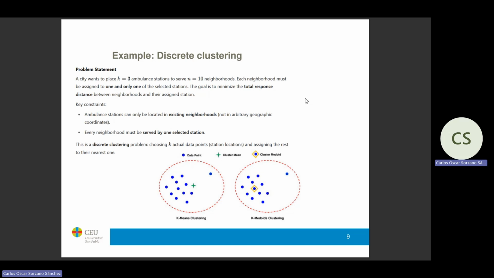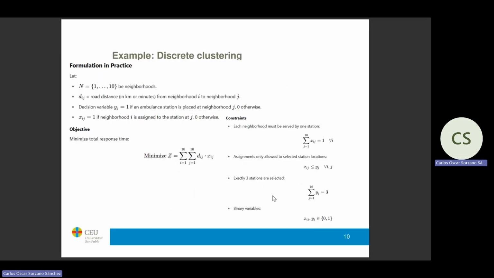So you cannot take the approach where the station could be in the middle of nowhere. And every neighborhood has to be served by one selected station. So the thing is, I am given 10 points, which of these 10 points do I assign to be a station or not.